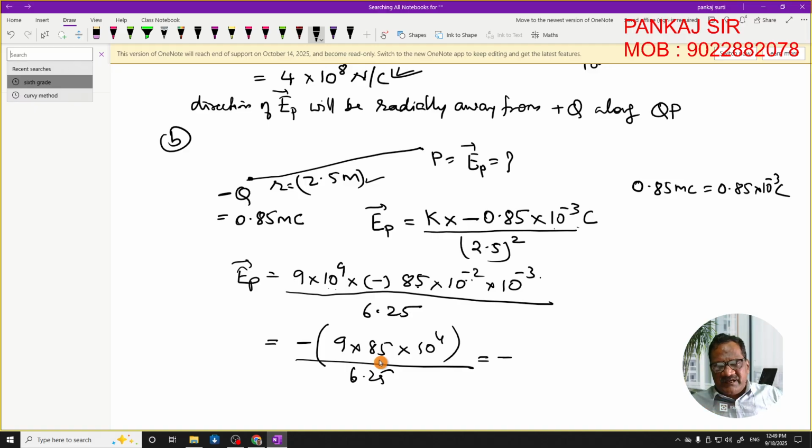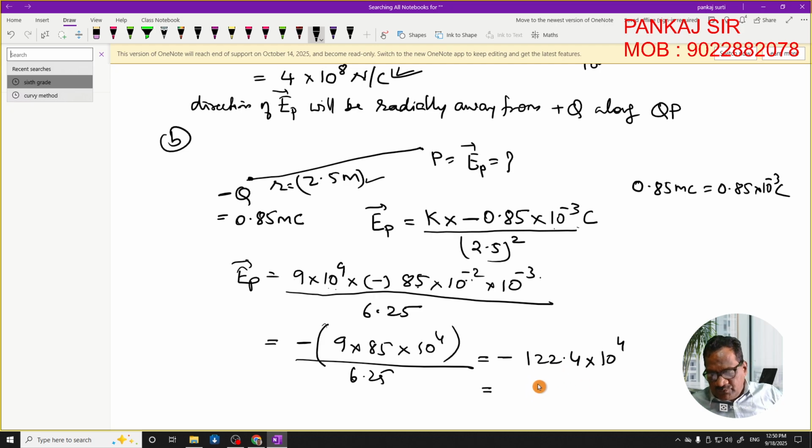Now 9 into 85 divided by 6.25 works out for me to 122.4. Only this quantity multiplied by 10 raised to 4 you already have, isn't it?